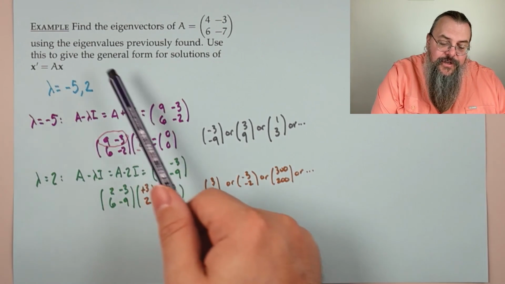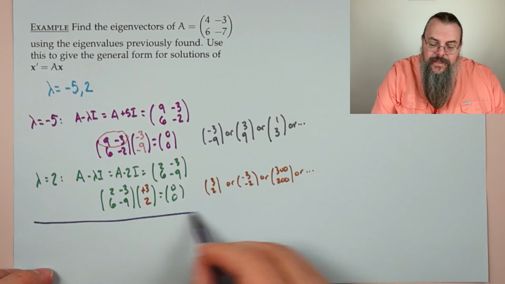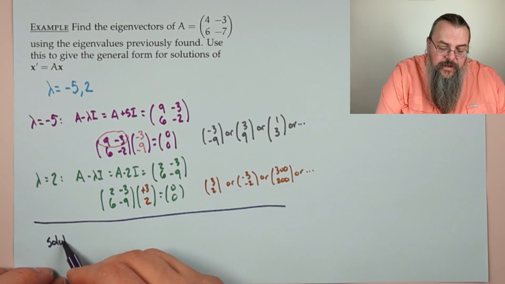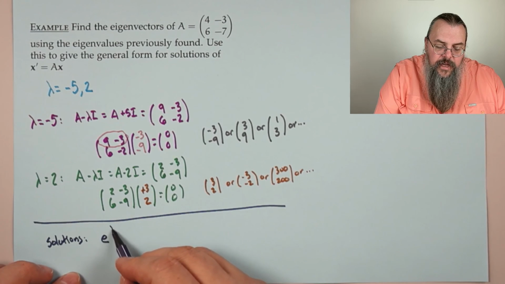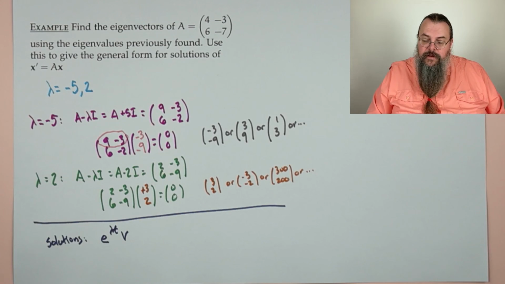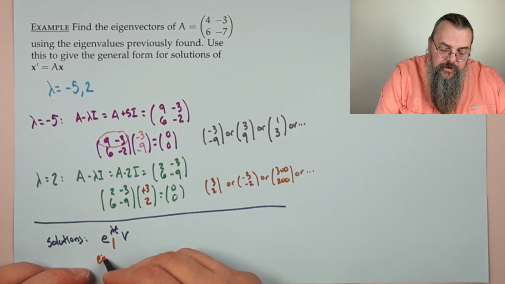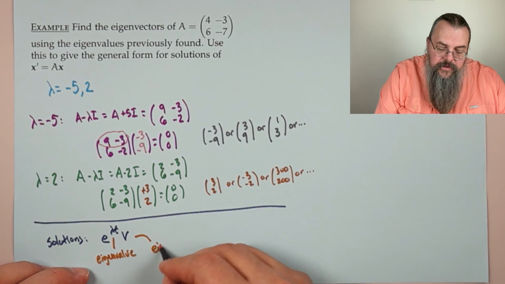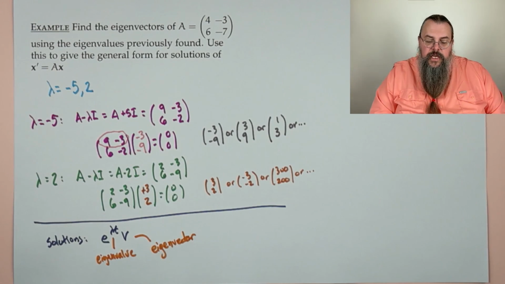Now, ready for the second part. Use this to give the general form for solutions of x prime equals Ax. Now, this comes back to what we were talking about. What do solutions look like? Well, solutions look like e to the lambda t times v, where lambda is the eigenvalue and v is the eigenvector. So, great.